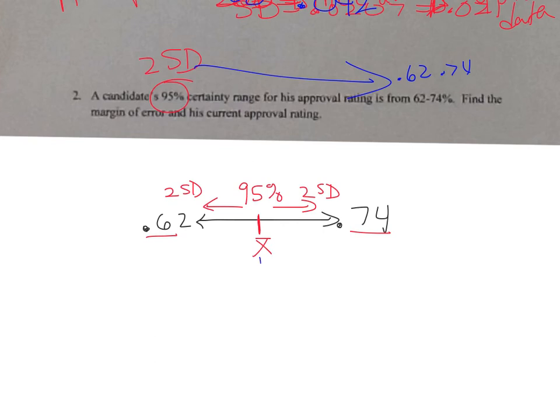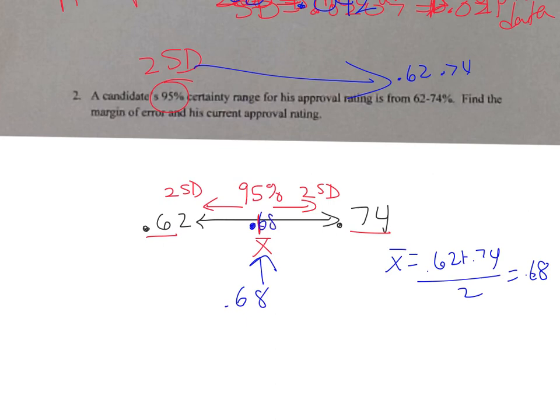So how do I find the middle of these two numbers? To find the mean, we add the numbers, 0.62 plus 0.74, and then divide by 2, and we get 0.68. So that is my mean, 0.68, right in the middle. And what this actually represents is his approval rating.